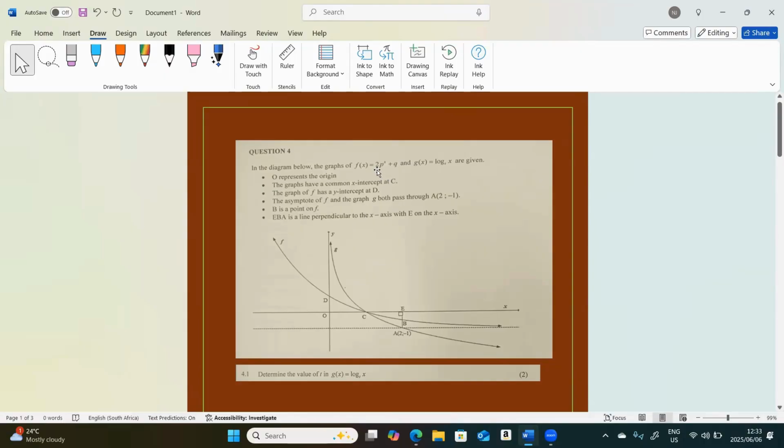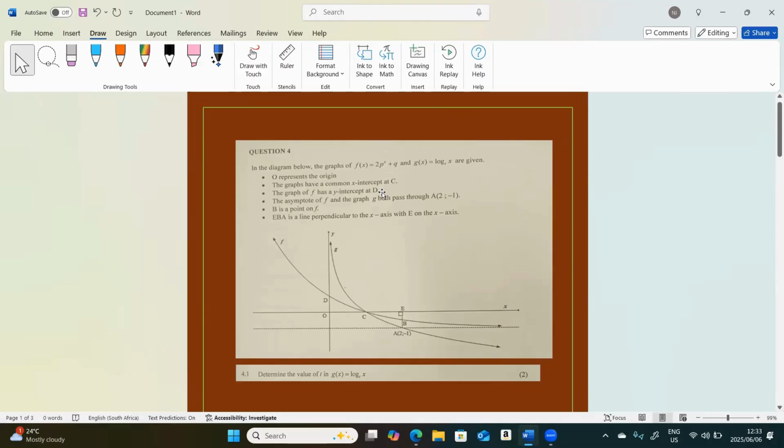Now we are working with an exponential function and a log function, and we know this log function is the inverse of this exponential function. So we are working with functions and inverses again in question number 4.